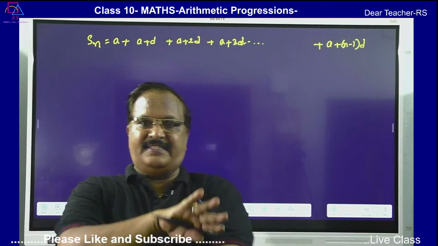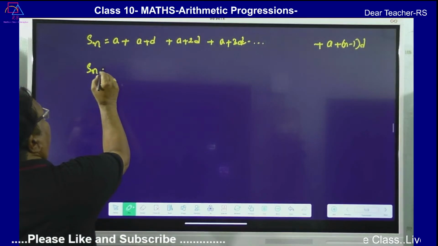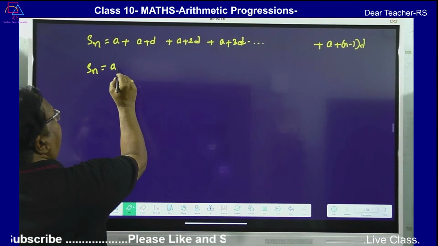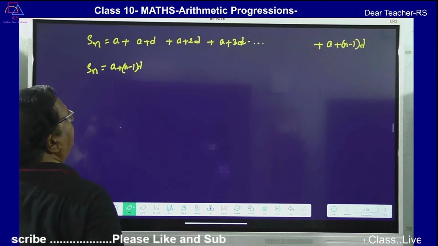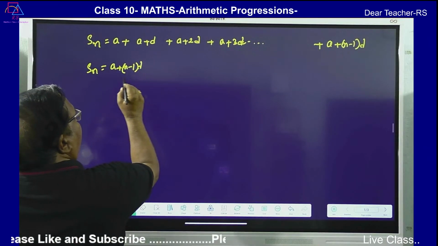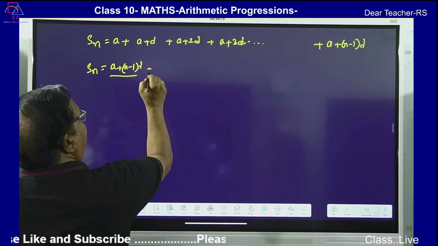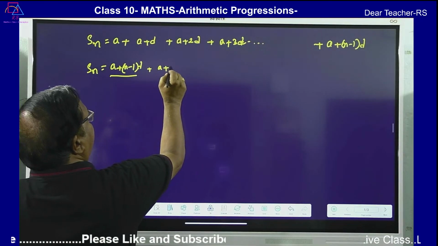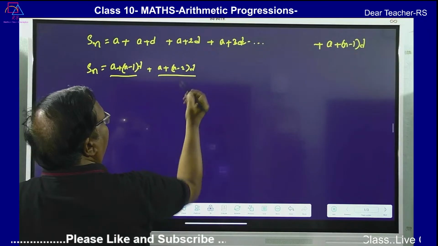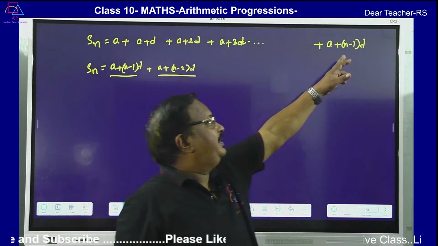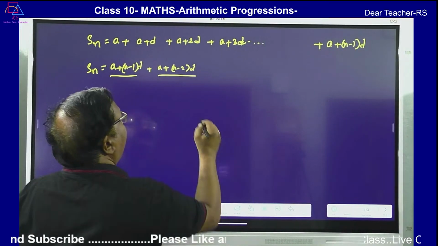Let us reverse it. I will write the last term first here, a plus n minus 1 into d. So this is the first term, I am writing from that. The second term will be a plus n minus 2 into d, because one we have to reduce, n minus 1 becomes n minus 2.